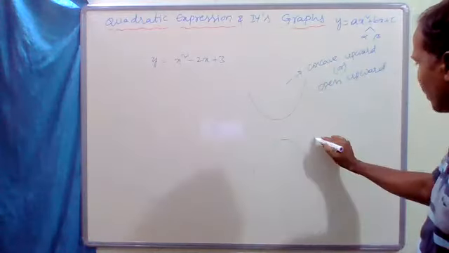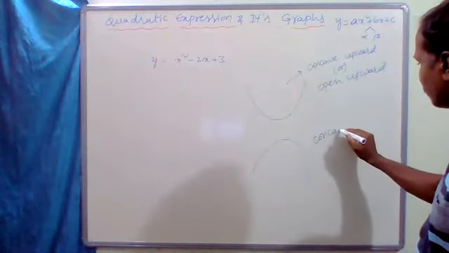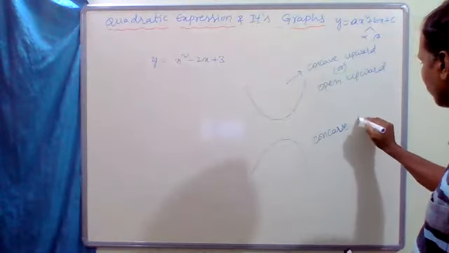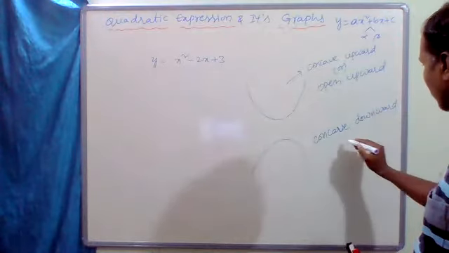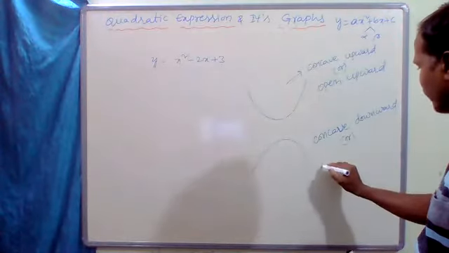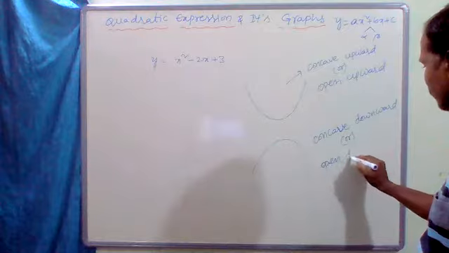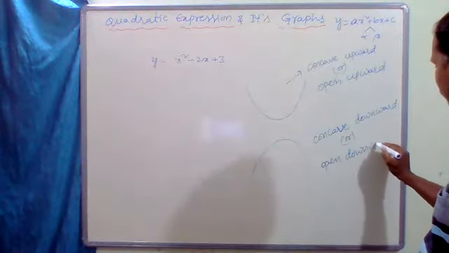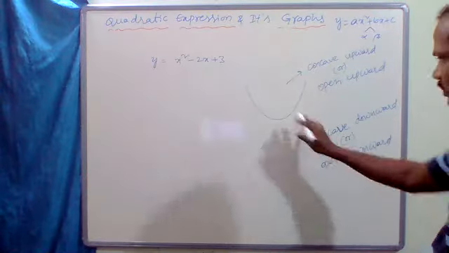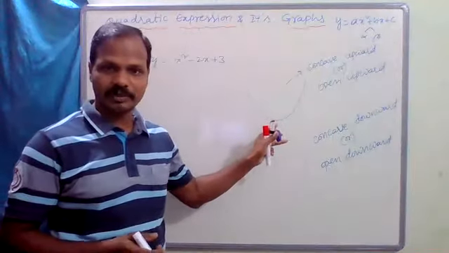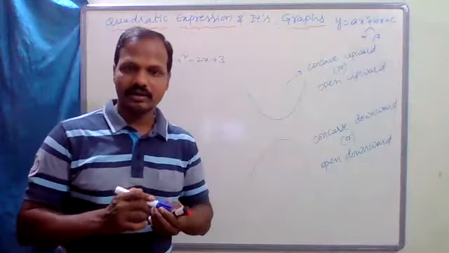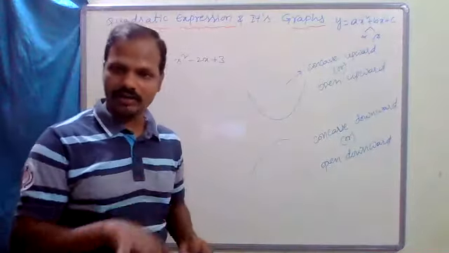So this is concave downward, or open downward. Only these two ways: the shape of the graph is either concave upward or concave downward.